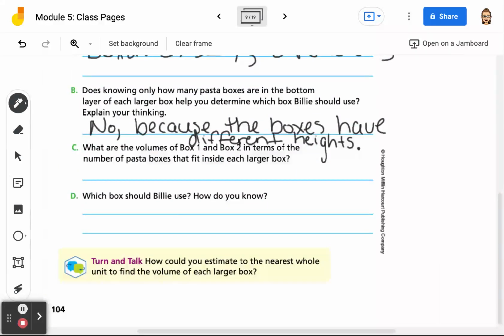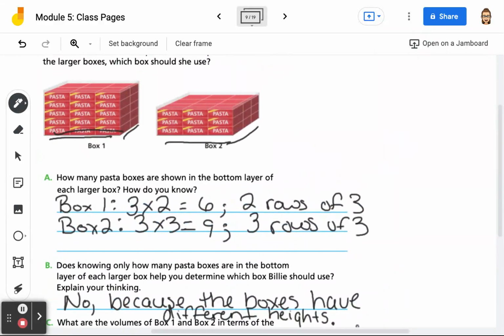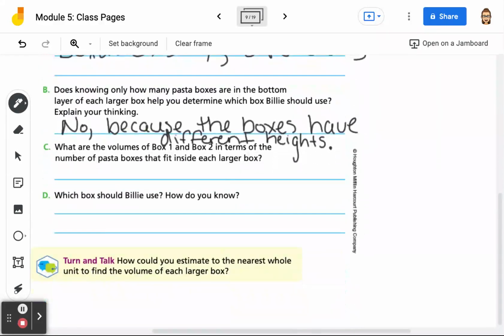This is what are the volumes of box 1 and box 2 in terms of the number of pasta boxes that fit inside each larger box? Well, box 1, we said, has an area of 6, or there's 6 in the bottom layer. Then 1, 2, 3, 4, 5 stacked.